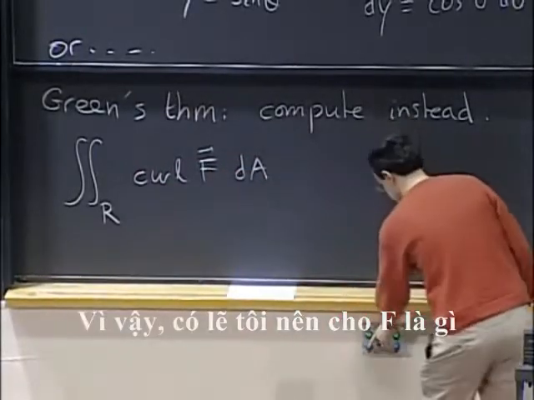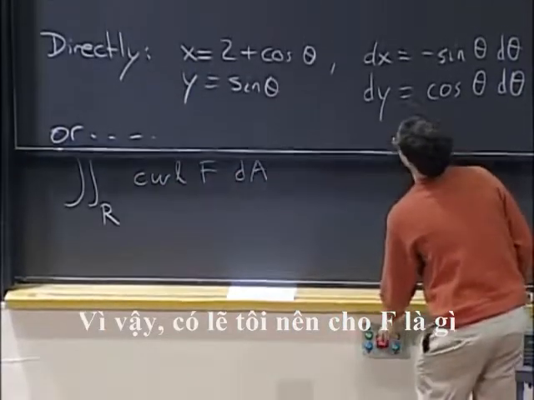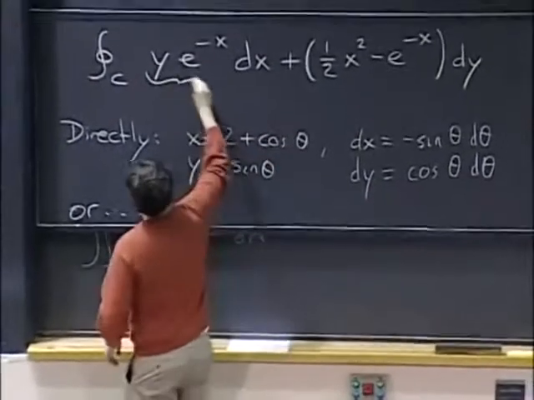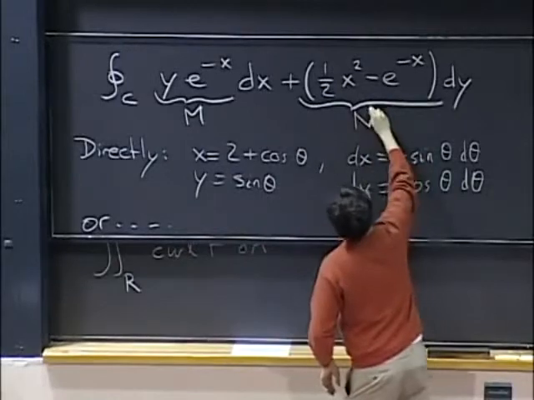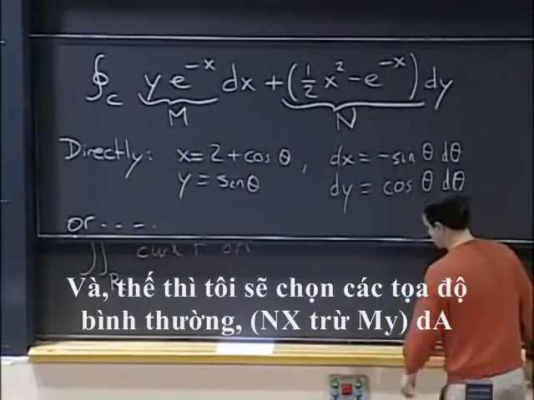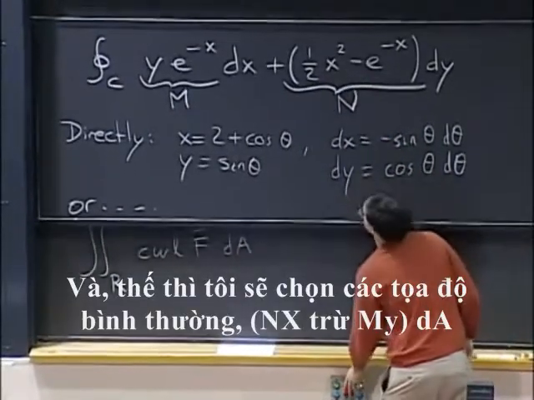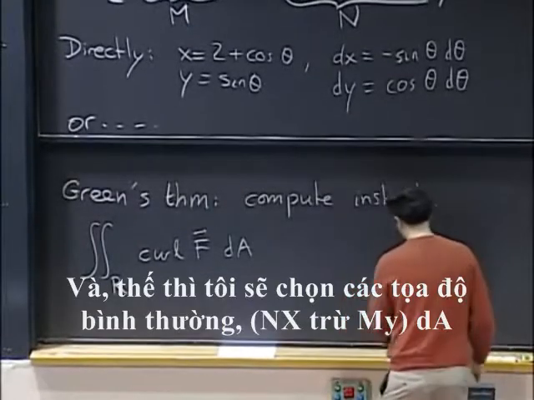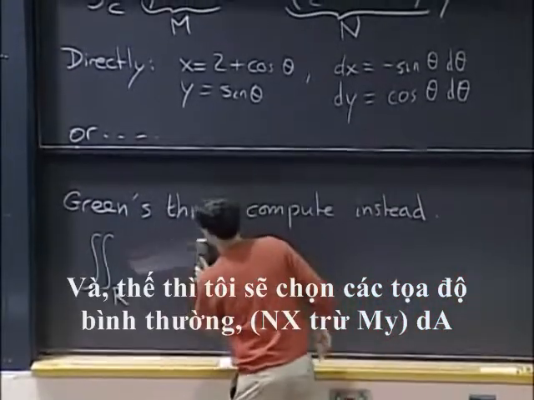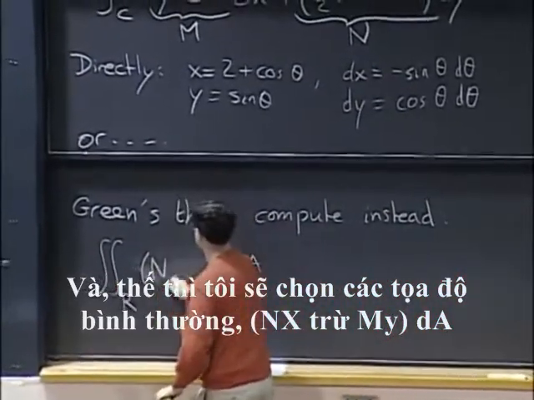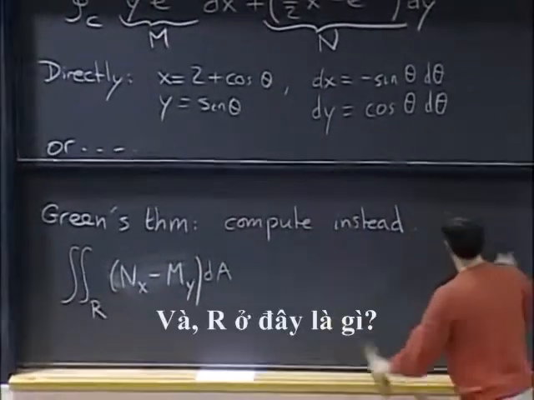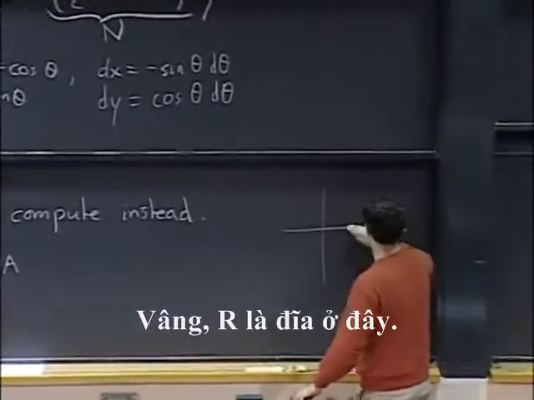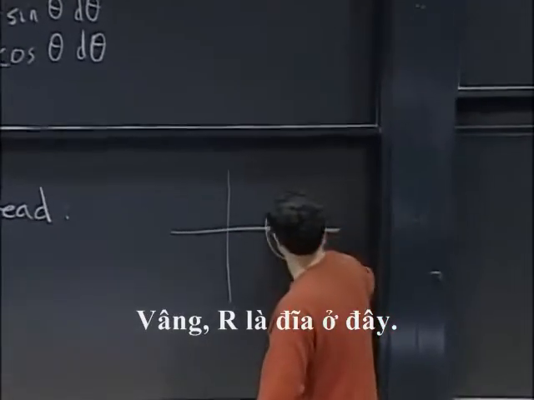So I should say probably what f was. So let's call this m, let's call this n, and then I will actually just use the form in coordinates, n sub x minus m sub y dA. And what is R here? Well, R is the disk in here.